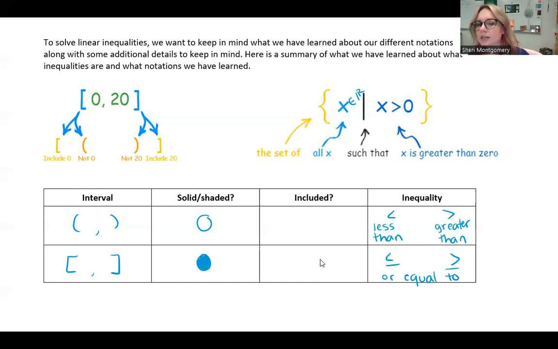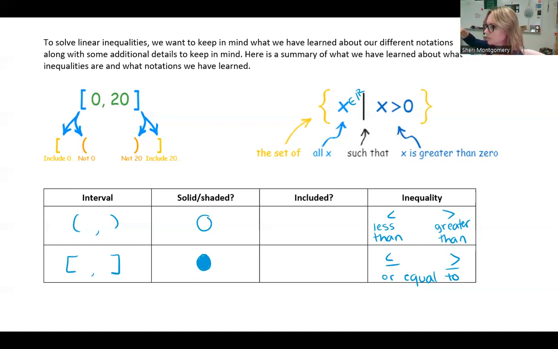Here, included or not included just means, can you equal that number? If I say you have to be more than 52 inches to ride a ride, you can't be 52 inches. You have to be more than that. It doesn't include 52 inches. If it says clearance, your truck must be less than 11 feet tall, you can't be 11 feet tall.